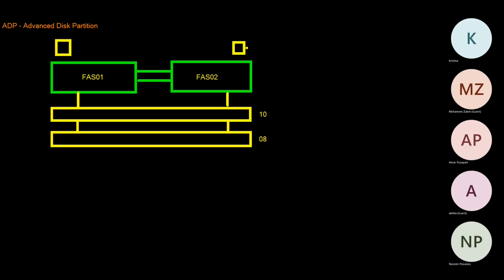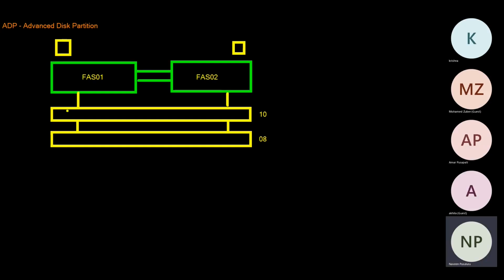For each and every controller, for example, if your cluster is a 4-node cluster, then your cluster will have 4 node root pools, root storage pools, you can say. For now, let's consider it as a root storage pool.